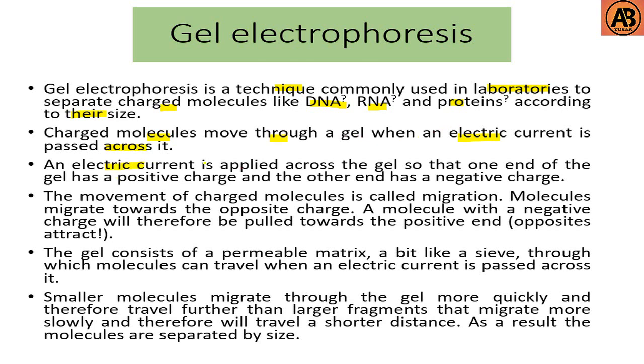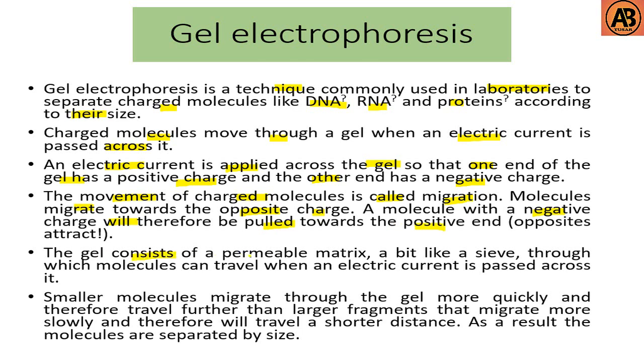An electric current is applied across the gel so that one end of the gel has a positive charge and the other end has a negative charge. The movement of charged molecules is called migration. Molecules migrate towards the opposite charge.